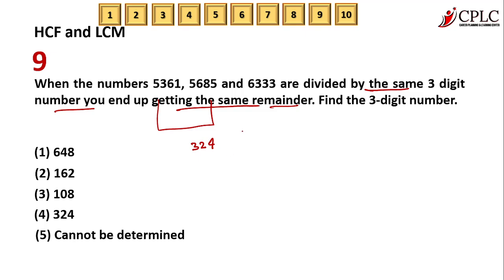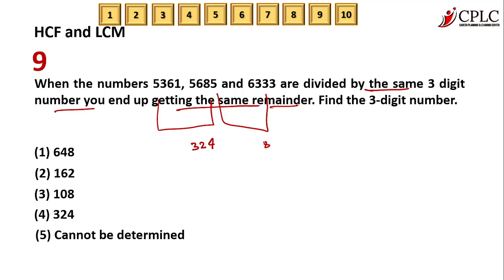So, 324 is the difference between the first two numbers. Then we have to take the difference between the second and the third number also, the consecutive numbers, that is the key part. So 6333 minus 5685.